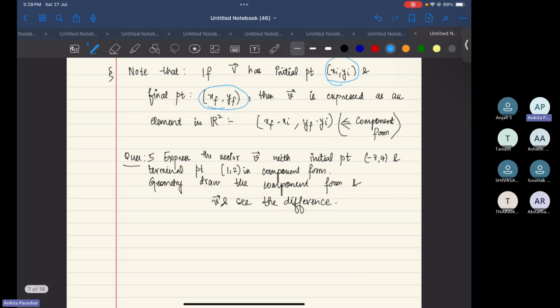So if you understand how to express an element of R2 by components, the question is: suppose the given vector has initial point (-3, 4) and terminal point, that is final point, (1, 2). Can we describe this vector in component form? What will be the component?